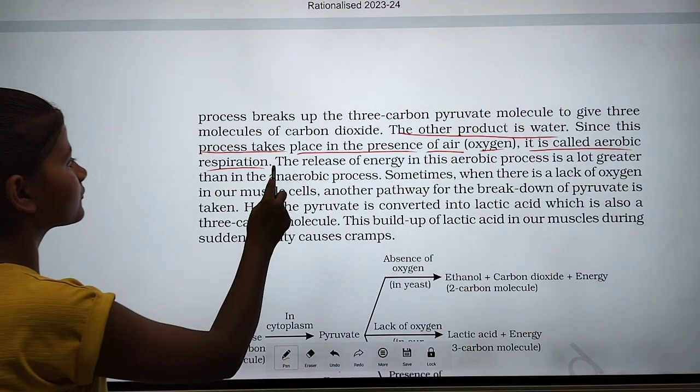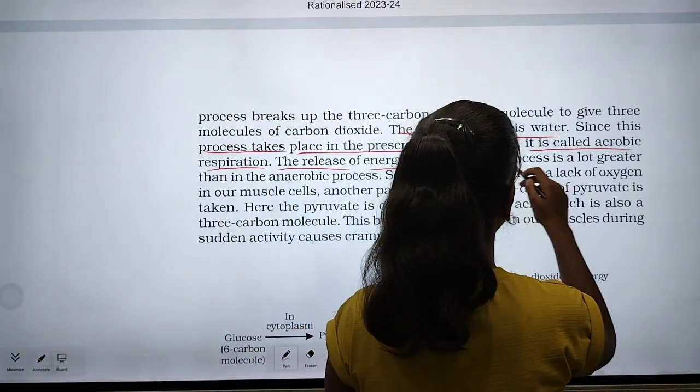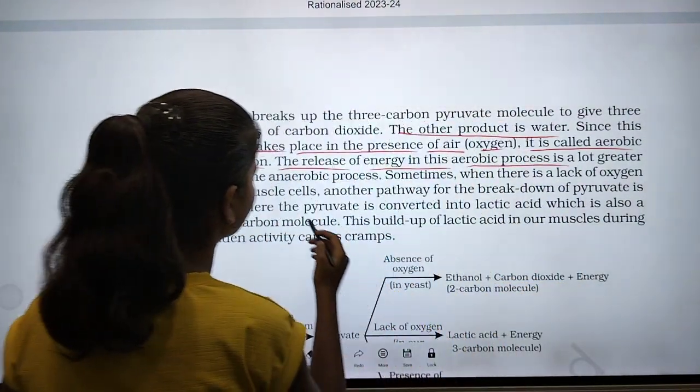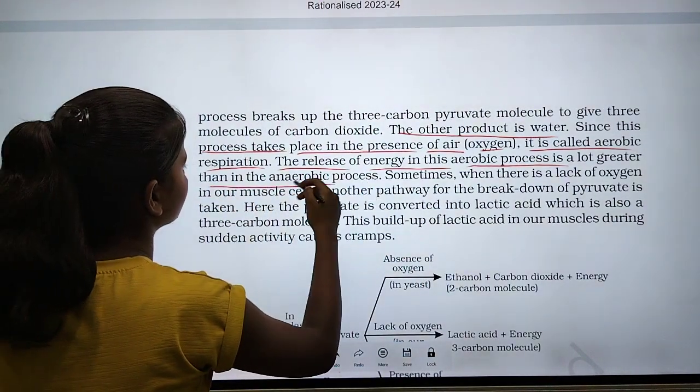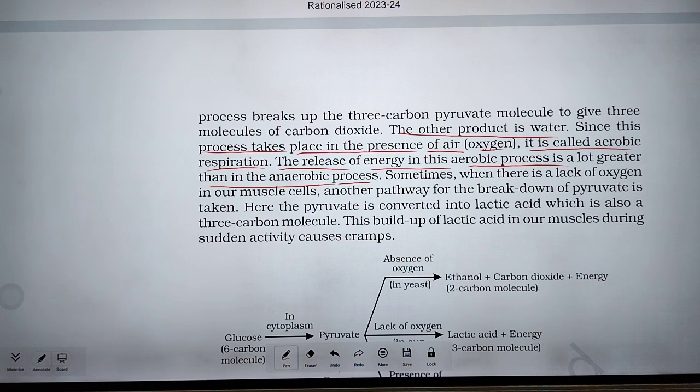The release of energy in this aerobic process is a lot greater than in the anaerobic process.